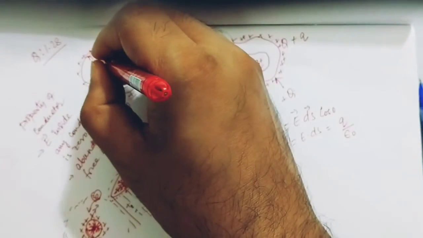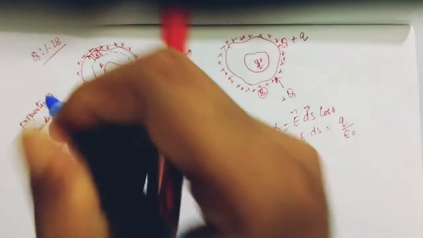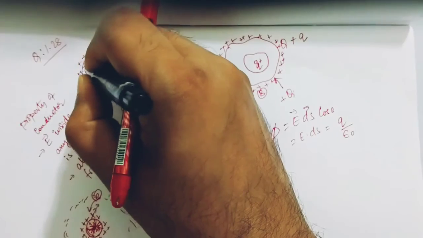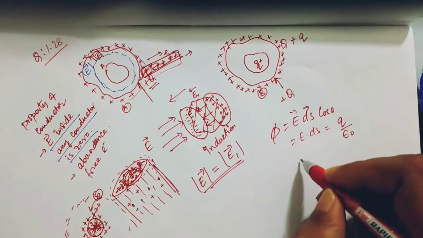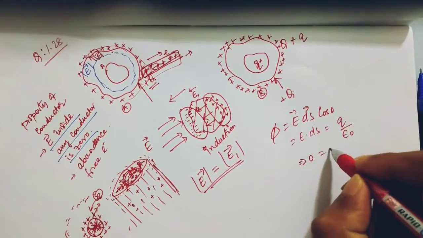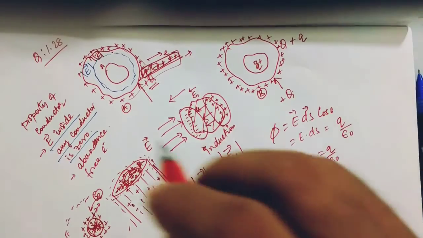Suppose this is the electrical field. Now from the conductor property, we know the electrical field inside is 0. So this is 0 actually, so 0 is equal to Q by epsilon naught, or Q must be 0.